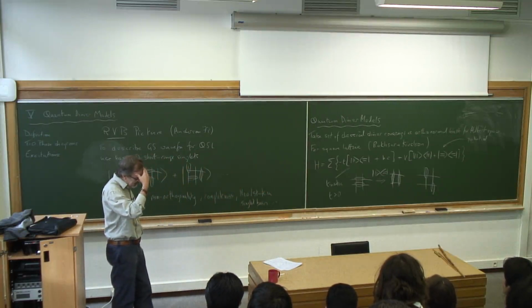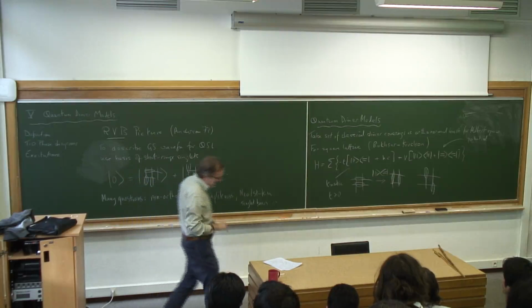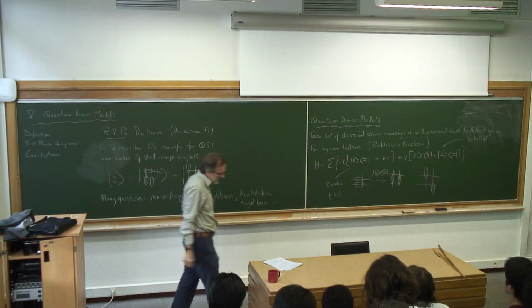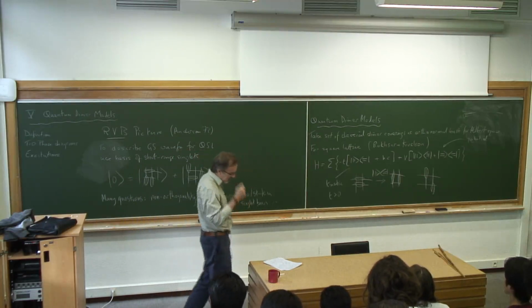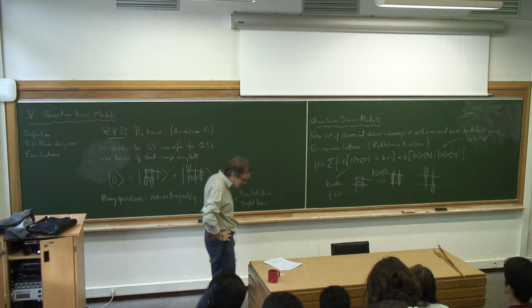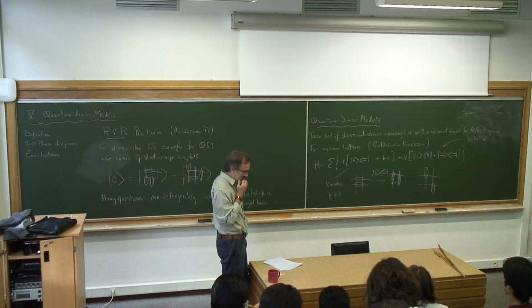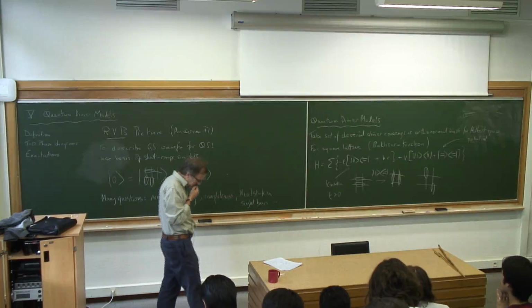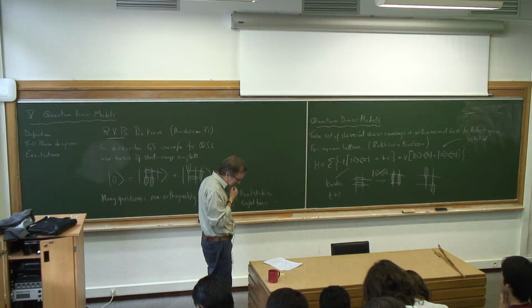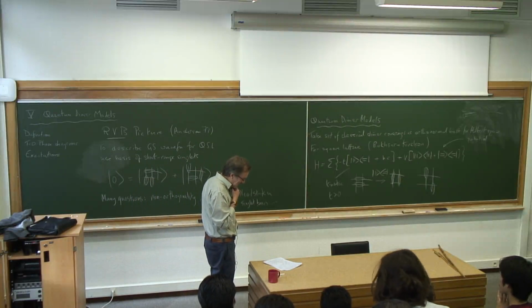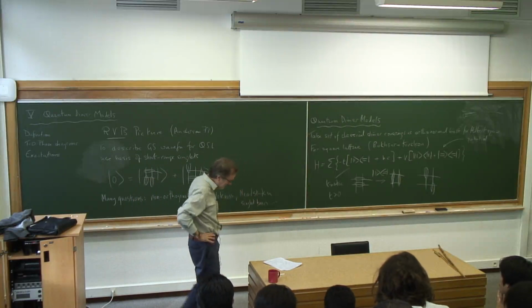and say that, well, there are two great things about this model. One is that it has a solvable point in this one-dimensional parameter space of V over t called the Rokhsar-Kivelson point, which I'm about to describe, where we know the wave functions exactly. The other thing is that, of course, computer simulations are very useful for understanding what's actually happening with models.